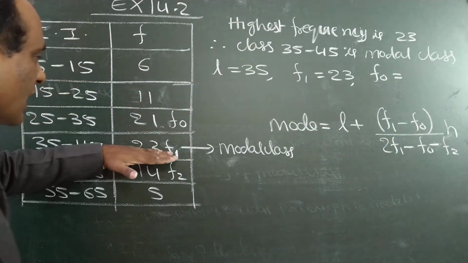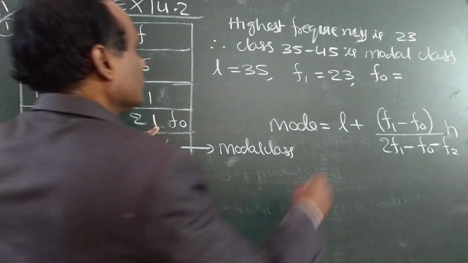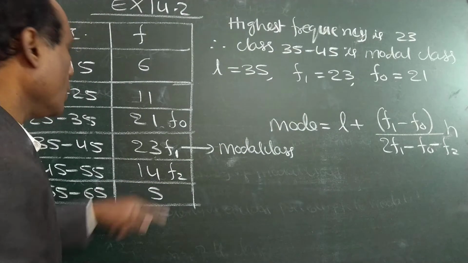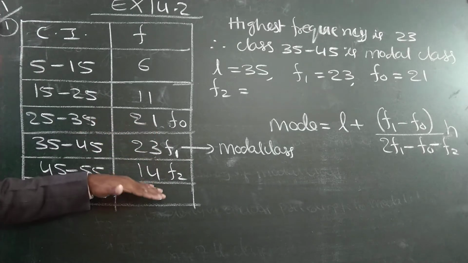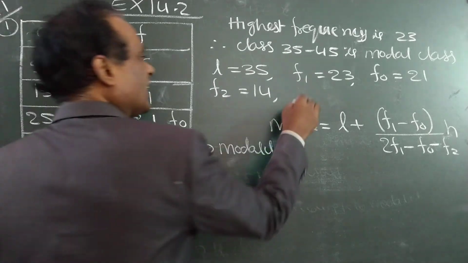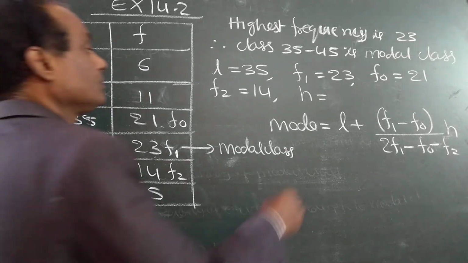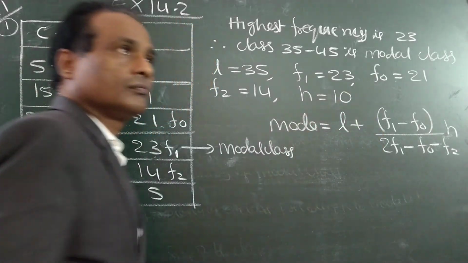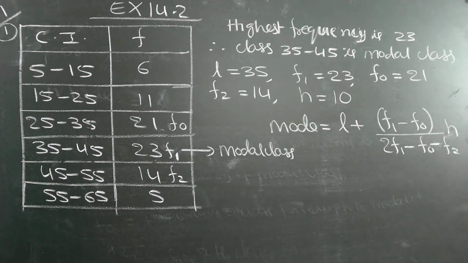F0 is the frequency of the class immediately preceding, 21. F2 is the frequency of the class immediately succeeding, 14. H is the size of the class: 25, 35, the difference is 10. Substitute all the values in that formula and get the answer.